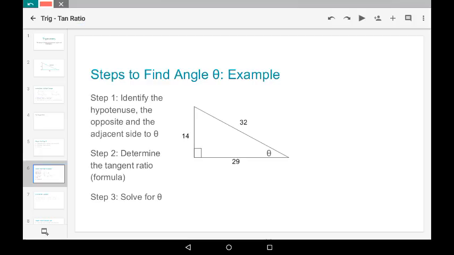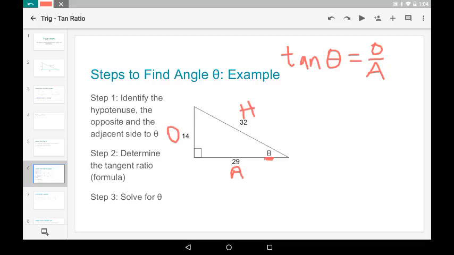So here's an example of this. Step 1, identify the hypotenuse, opposite, and adjacent sides. Well, here's theta, so that means that this is our adjacent side, this is our opposite side, and this is our hypotenuse. Okay, so step 2, we write tan theta equals O over A. That was the formula we had a couple slides back.